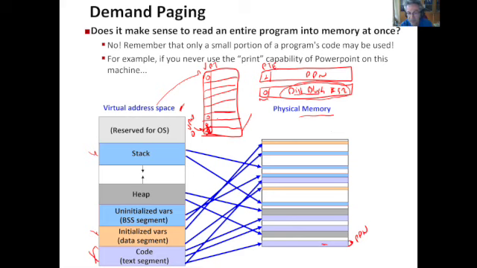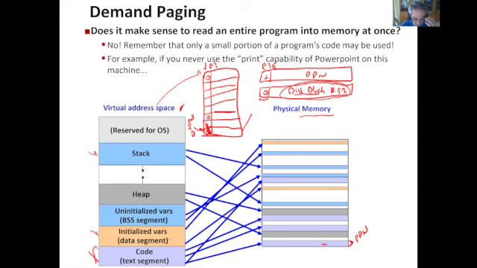What this implies is we call this demand paging, meaning that in your executable, if there's a portion that has the code to print for my PowerPoint, which I never use, then that portion of the executable is never loaded onto the physical memory. You only bring in the portions of the code and the portions of the data that you use.